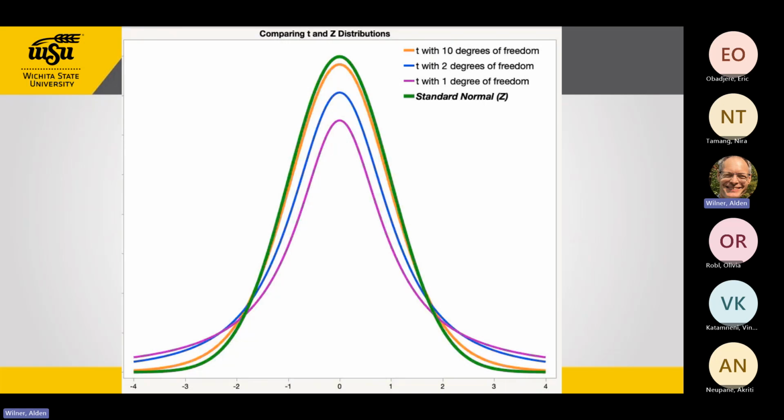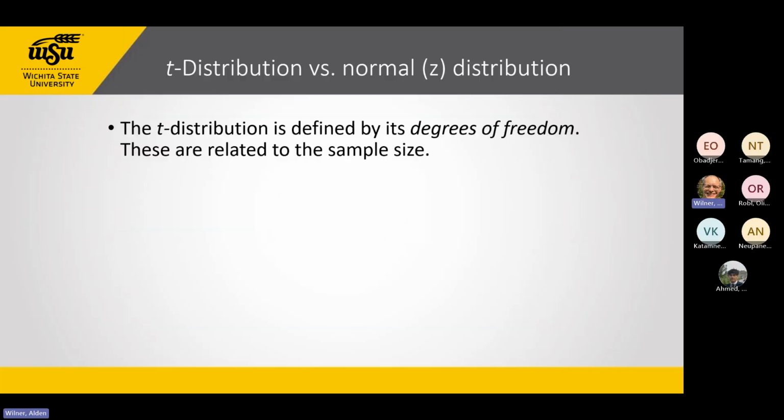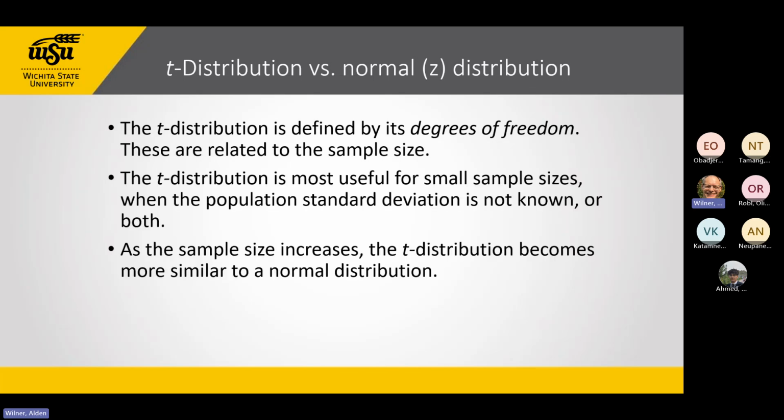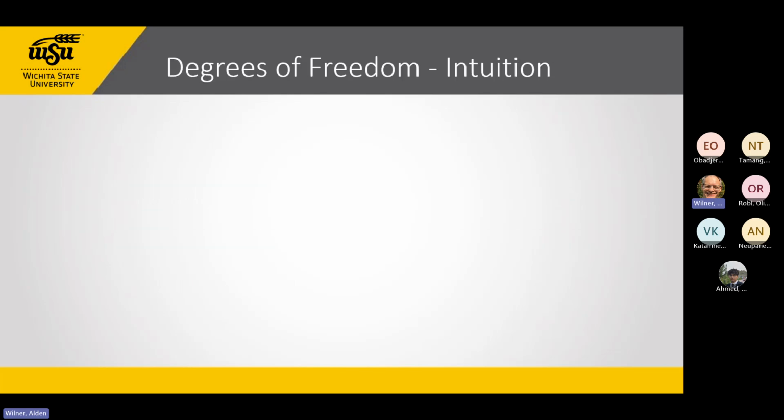And sometimes that confidence is adequate for my experiment. The t-distribution versus the degrees of freedom related to the sample size is most useful for small sample sizes, where we have to do the t-test. As the sample size increases, the t-distribution becomes more and more similar to the normal distribution, until by the time we get to 30 samples, it's so close we might as well just go ahead and use the z-test.